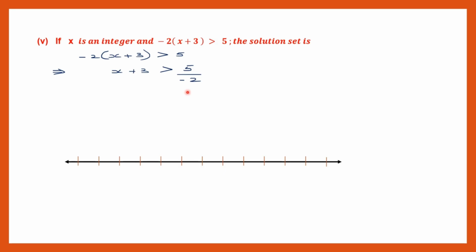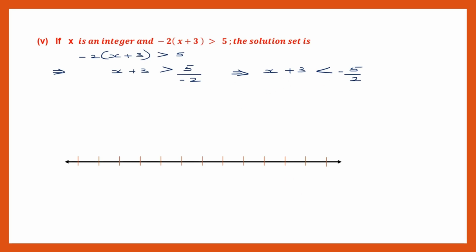If you're dividing by a negative number, this sign will get reversed. So let me rewrite that now as x plus 3 is less than minus 5 by 2. We have reversed the sign because we are dividing by a negative number. We have reversed the inequality sign.